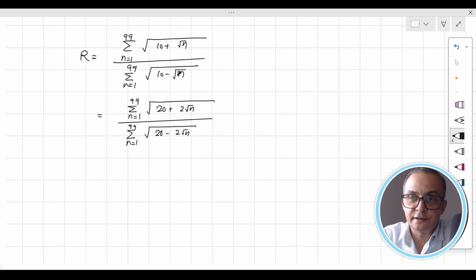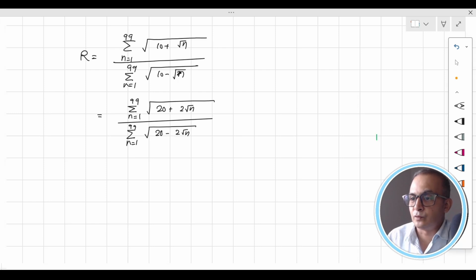It means I need a squared plus b squared plus 2ab. Perhaps I can think of this 20 as root 10 squared plus something. But there may be a perfect match that will give a squared plus b squared plus 2ab. For that, there is a very simple technique.